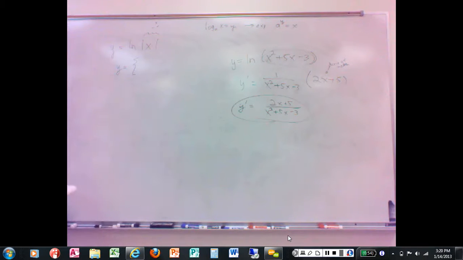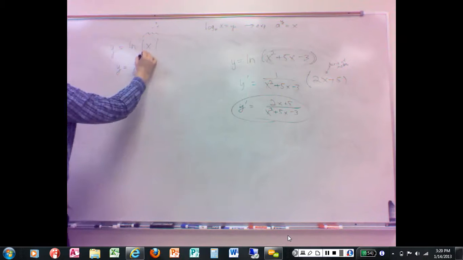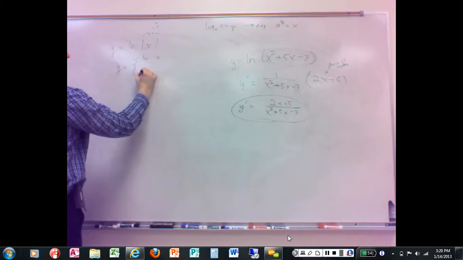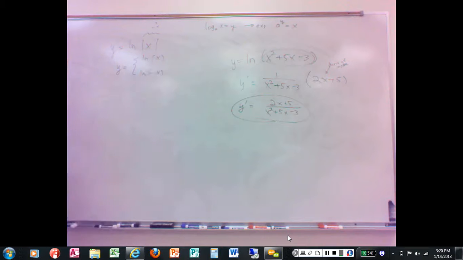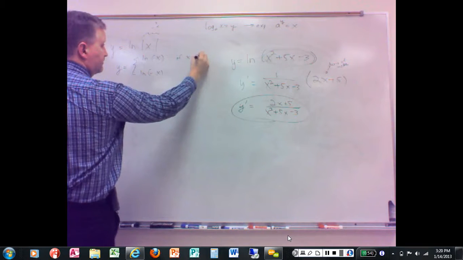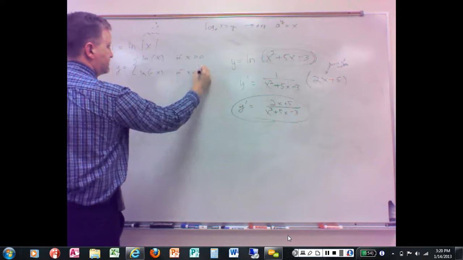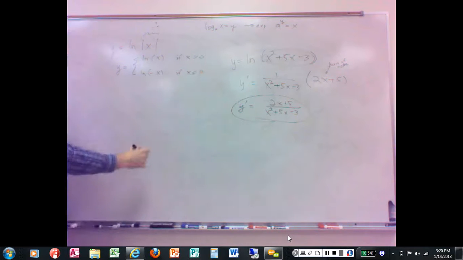Same thing we can do here. It's either going to be the ln of x or the ln of minus x. With me? It's x if x is greater than 0. It's minus x if x is less than 0. Or less than or equal to, whichever you want to put equal to there. It won't matter.